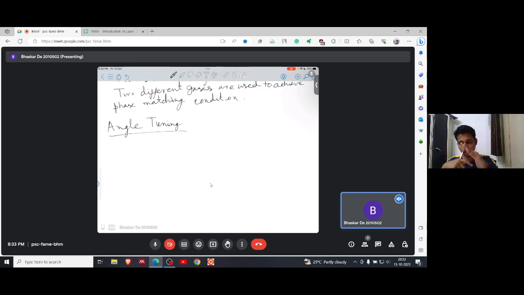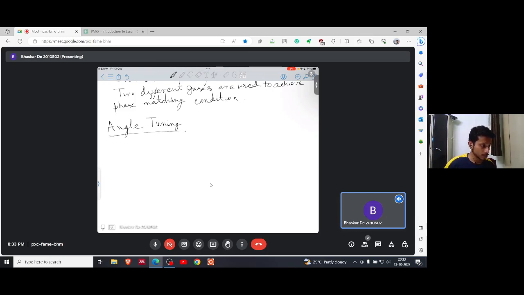It can be tilted like this or that, and then rotated. So in different orientations, this will be phase matched to generate the second harmonic precisely. So in order to describe angular tuning, we will consider a uniaxial birefringent crystal.